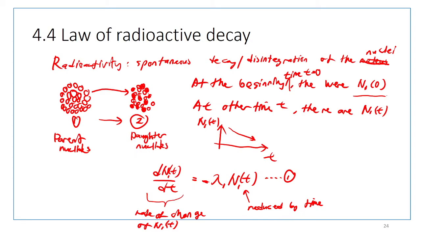Mathematically, you have to integrate equation number 1, N1 equals the integral of minus lambda 1 dt plus an integration constant, from 0 to t.